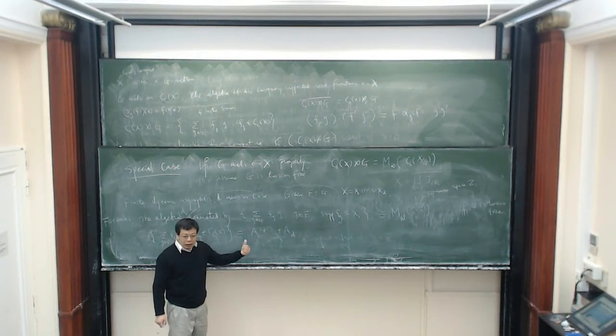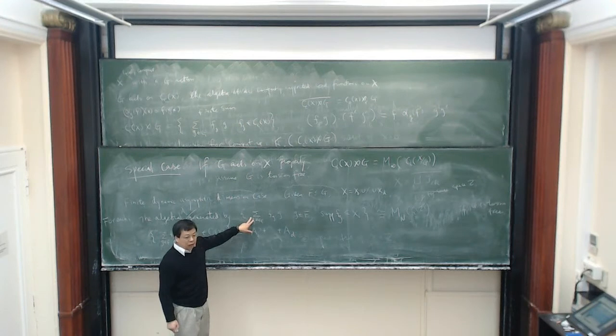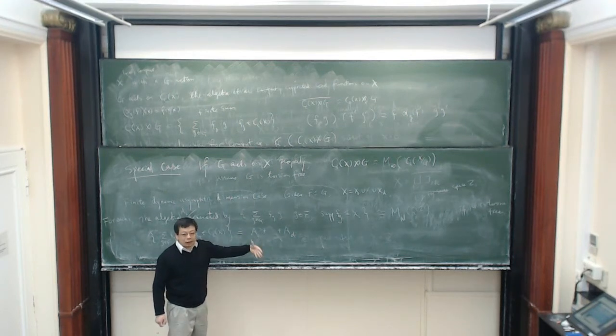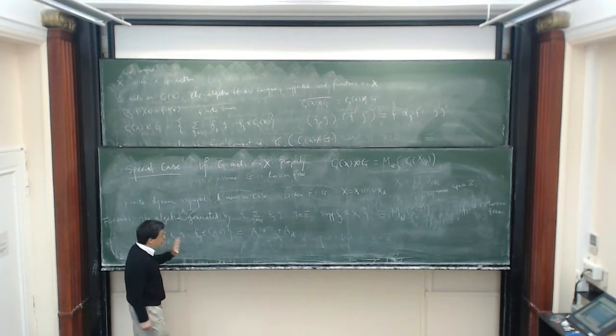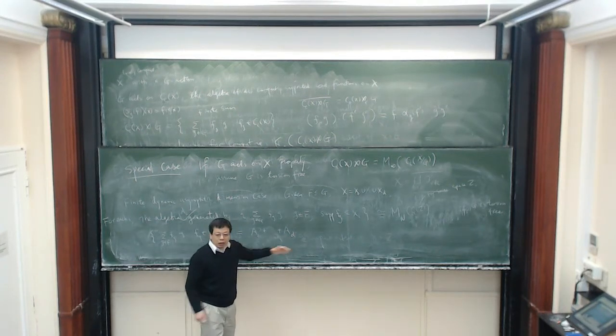If they are ideals, then this is something we can handle. If those are ideals, then we can use some kind of cutting and pasting to compute the K-theory of the whole thing. But unfortunately, those are not ideals.